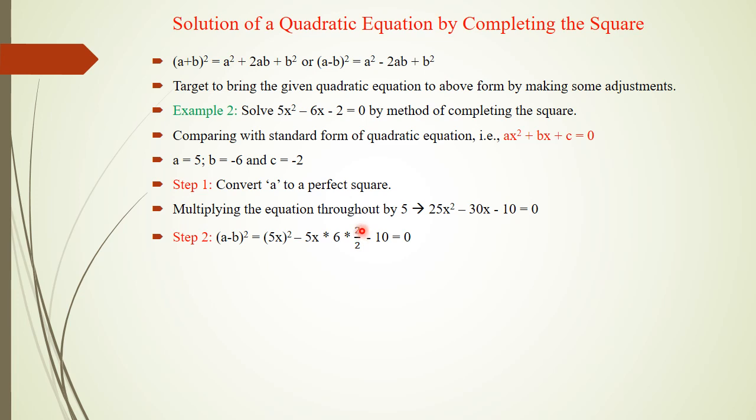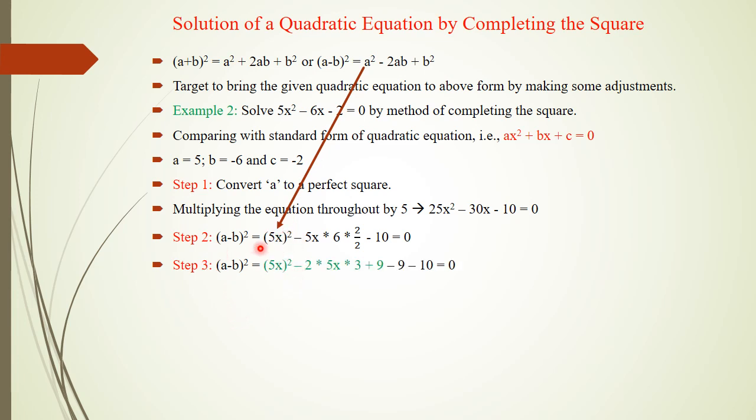As I told earlier, when I multiply and divide by the same number, it has no impact on this equation. It is just for making an adjustment, to bring this 2 into the equation. And minus 10 I am keeping as it is. Now you can see the a term I have got is 5x, which I have put inside the bracket and it is squared here.